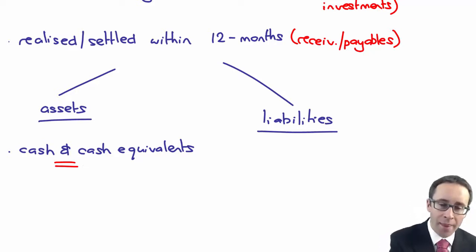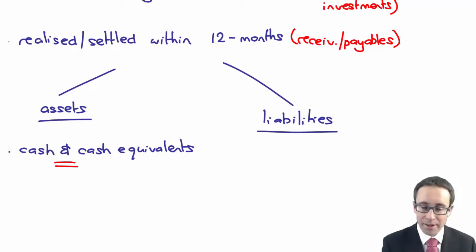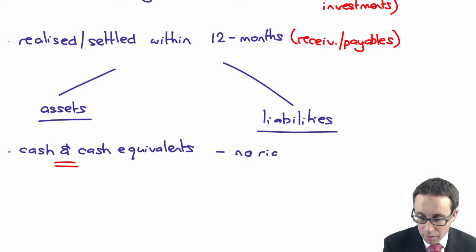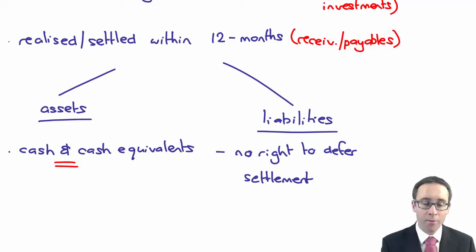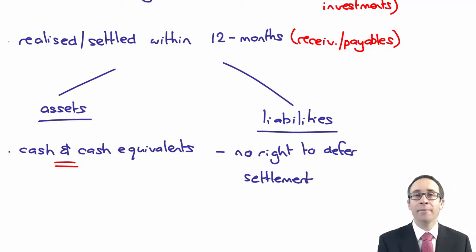And then with regards to the liabilities, if you have a liability whereby you have no right to defer the settlement, then that will also be classified as a current liability.